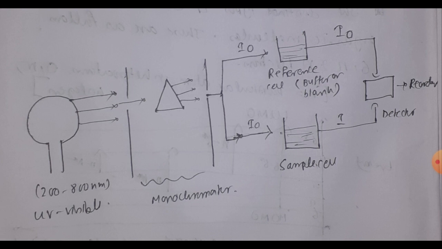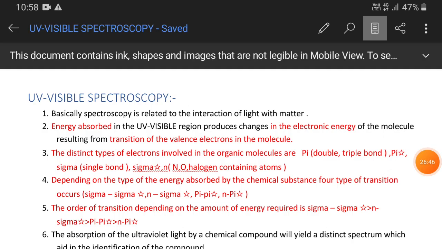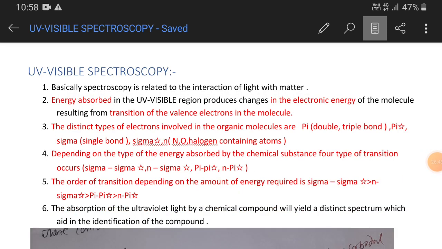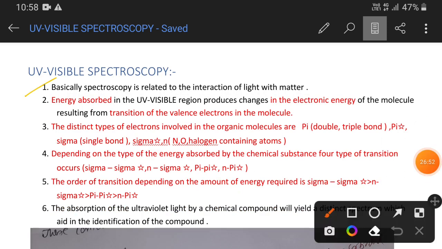Now let's look at the principle. Although we have discussed it, basically it is nothing but the interaction of light and matter. Light means electromagnetic radiation, EMR.